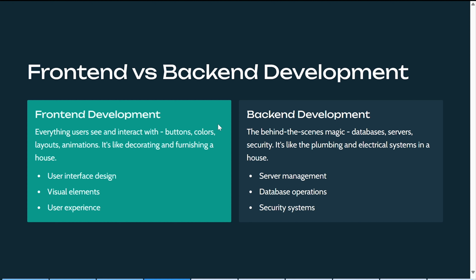But what is backend if everything we can see is front end? So backend is working in the background. Like in the example of Netflix, you can see a lot of films, movies, and a lot of things on the website. That all comes from the backend. Backend is the most important thing, and I'm going to give you a real-world example.